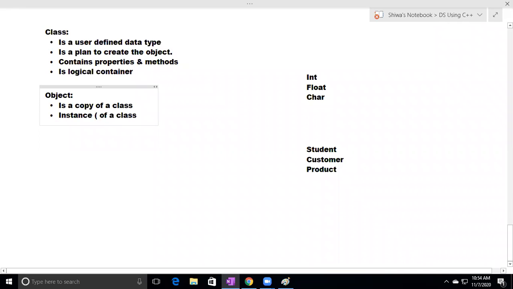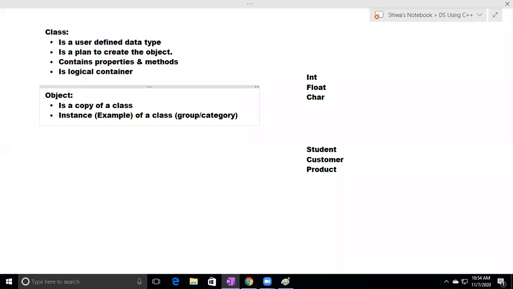Class comes from the word classification. Class means classification, group, or category. So an instance of a class, a copy of a class, is called an object.